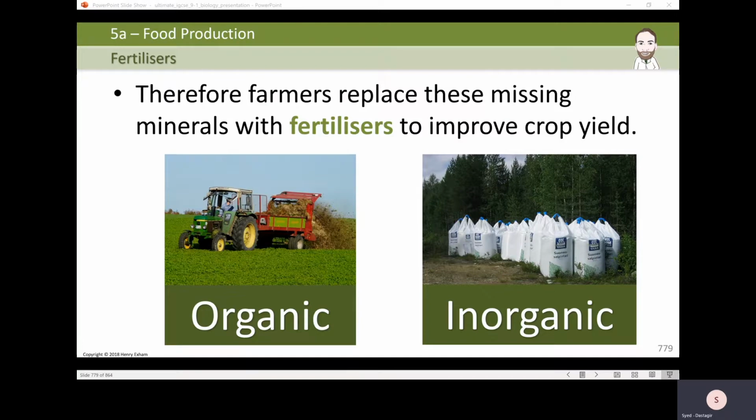If you've ever been to a supermarket, you may have seen things labeled as organic and others labeled as inorganic. I want you to have a quick Google search if you can, and have a look if you can tell the difference between organic and inorganic.